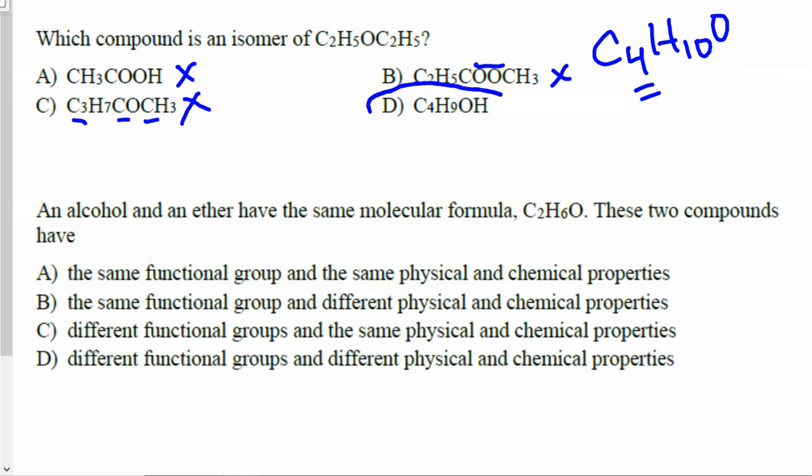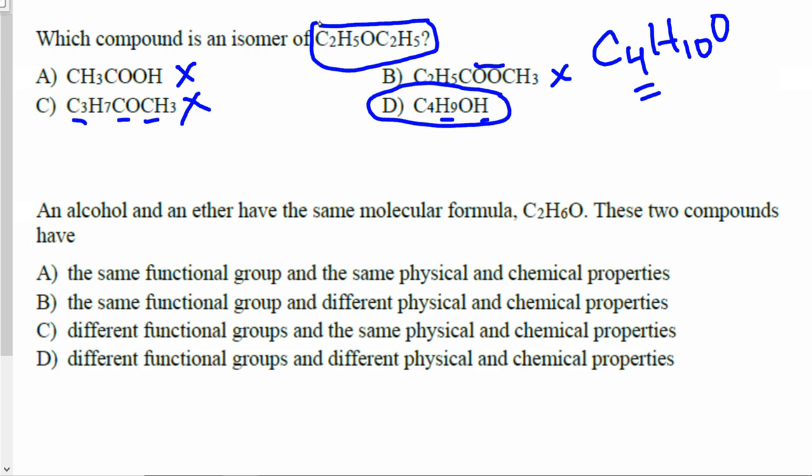So the only option that makes sense is option D, where I still have 4 carbon, 10 hydrogen, 9 of them are here, 1 of them is right there, and oxygen in the middle. So the arrangement of the atoms is different than the initial one, and therefore, these two are isomers of each other.